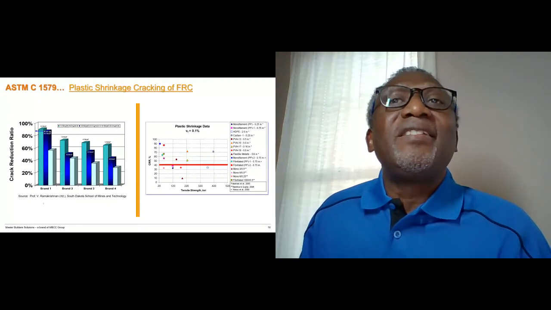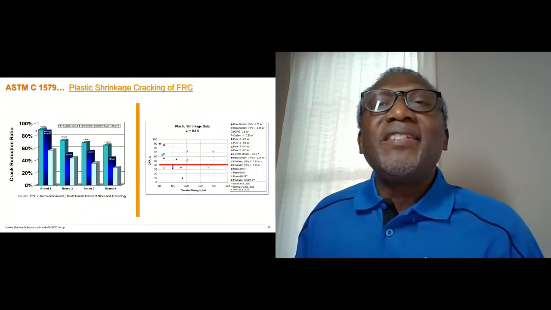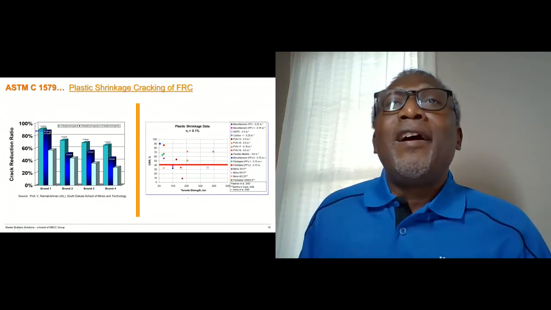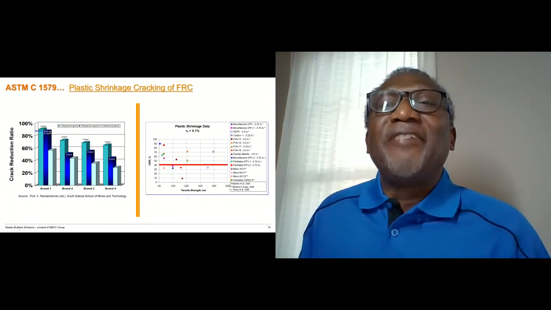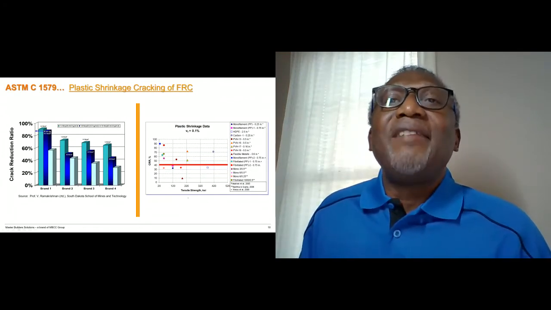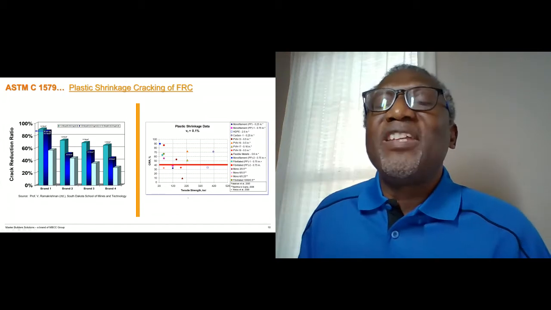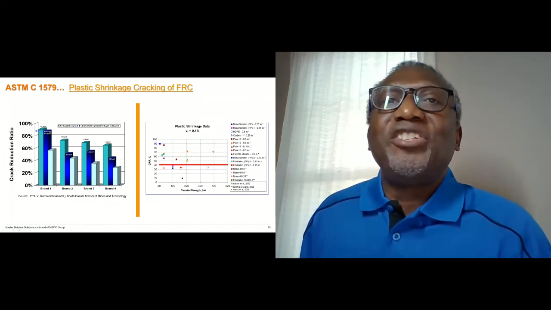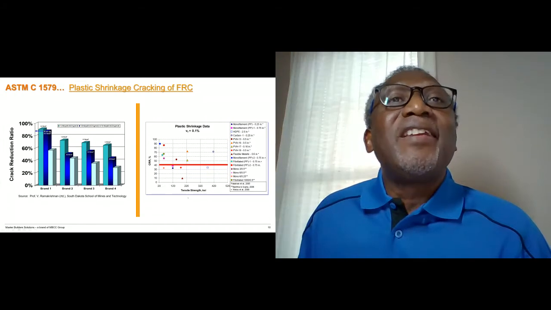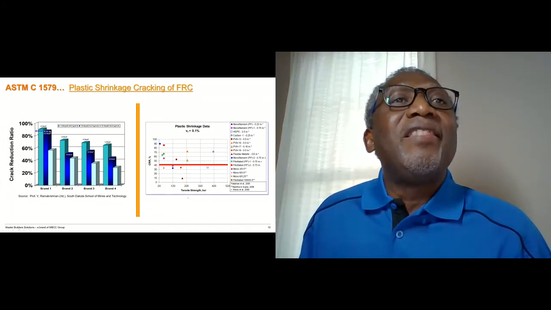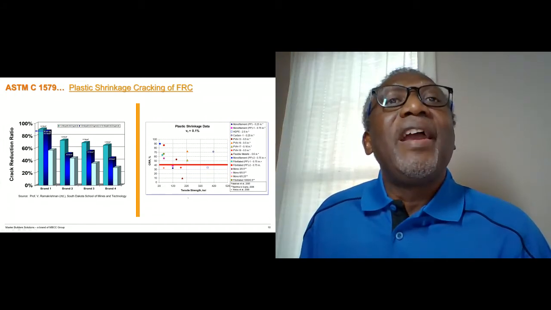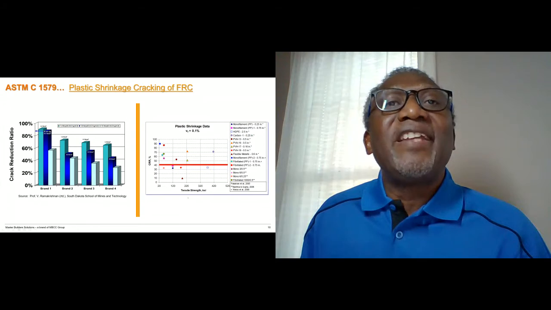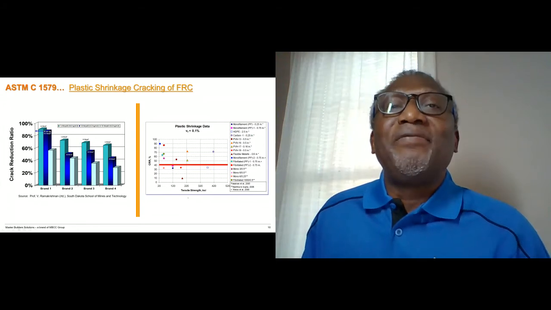Now, the graph on the right-hand side basically summarizes data from different studies done by some of the gurus in fiber reinforced concrete, Neyman, Banthia, as well as Jason Wise. And in this particular graph, the crack reduction ratio is plotted as a function of the tensile strength of the fiber.